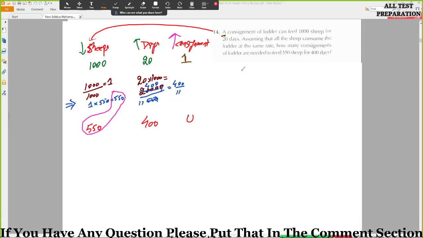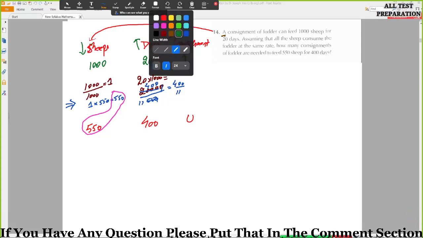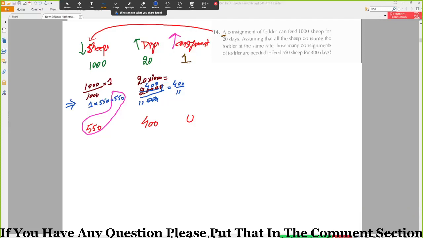Okay, so actually this is 400 divided by 11, and you need to bring 1 over here. So you will divide it by 400 divided by 11, and the same you will do on this side. So 400 divided by 11 divided by 400 divided by 11 will give you 1.